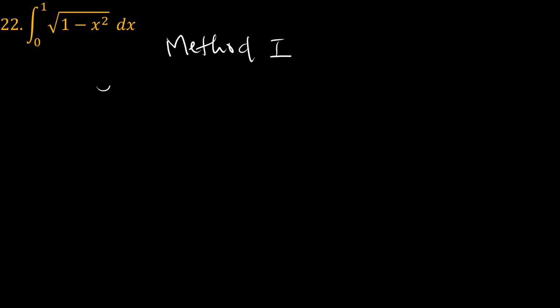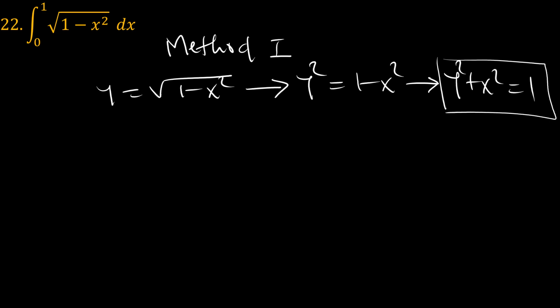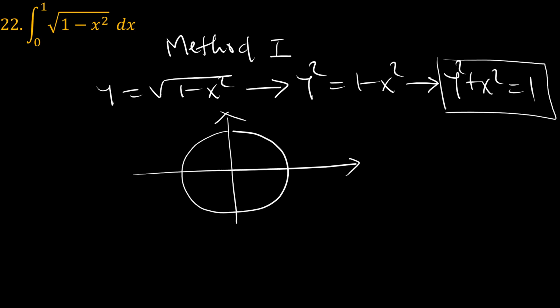We'll say y being equal to square root of 1 minus x squared implies that y squared is equal to 1 minus x squared, which means that y squared plus x squared is equal to 1. So this is an equation of a circle centered around 0 with radius 1. So we have, right, and this is 1, negative 1, negative 1, positive 1.